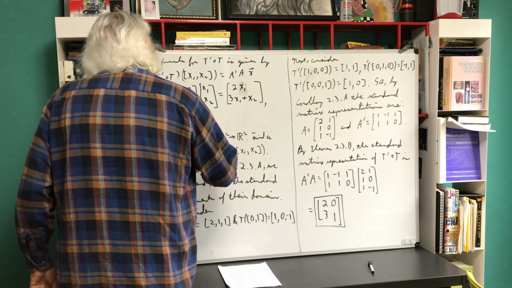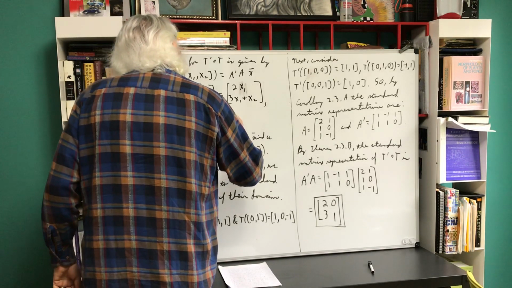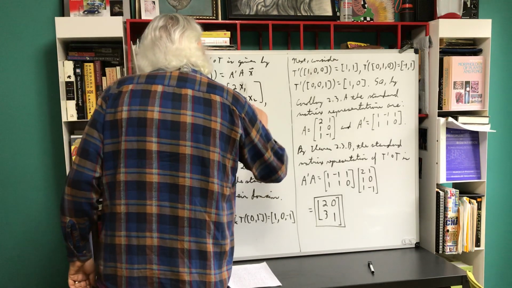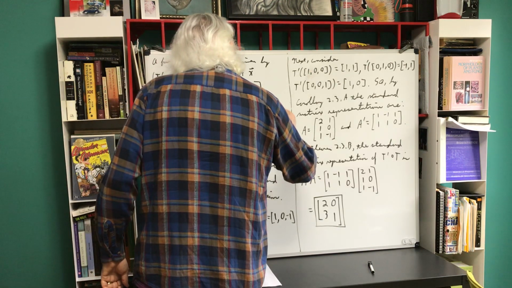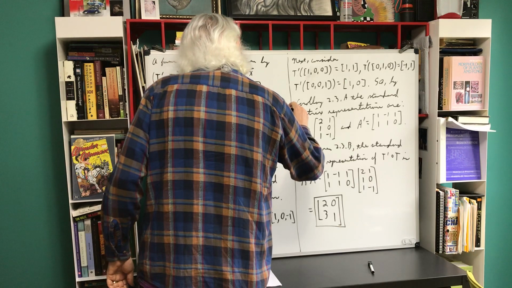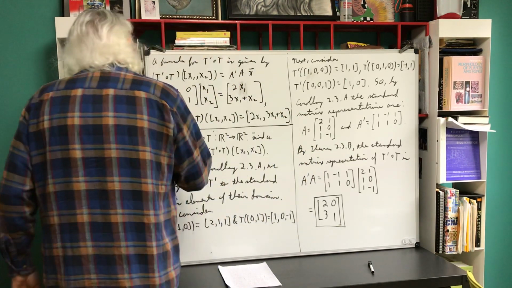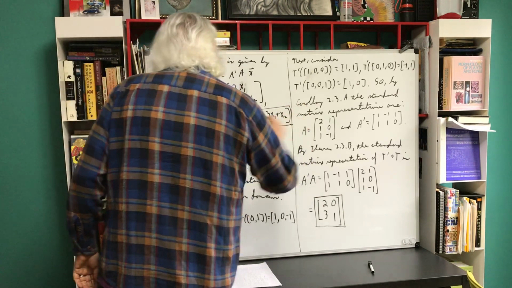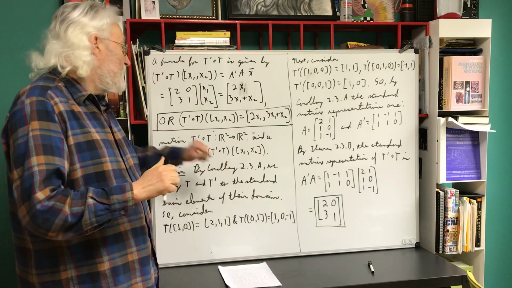We could write T prime composed with T of x1, x2 is the vector with components 2x1, 3x1 plus x2. And there's the answer to the second part. There's a formula for the composition of the two functions.